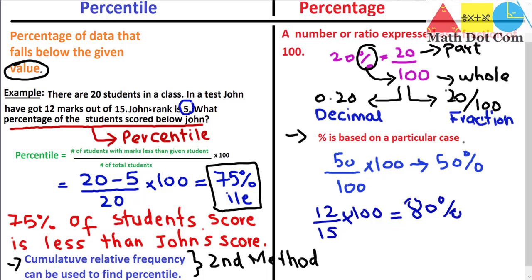One more thing that I just forgot is percentile is basically represented by XTH, that is 75th percentile, 30th percentile, 70th percentile, while percentage is represented by the percentage sign. So this is just a representation.